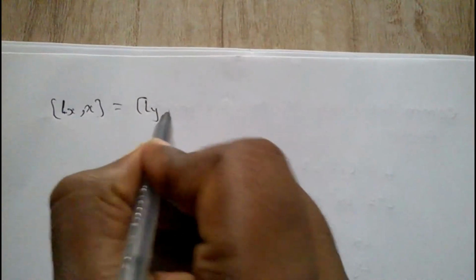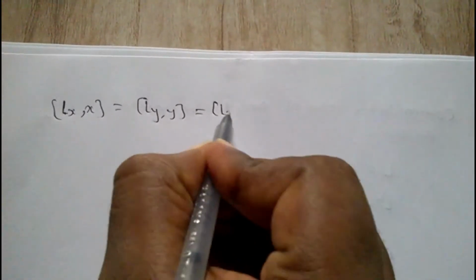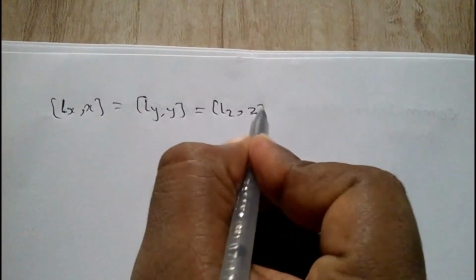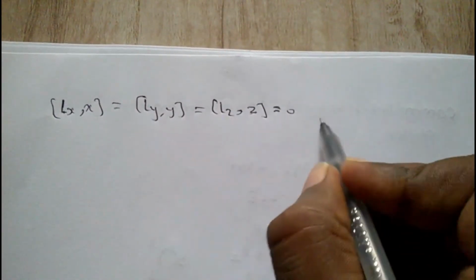And we have seen that angular momentum with the same axis, Ly, y, Lz, z equal to 0, means it commutes.